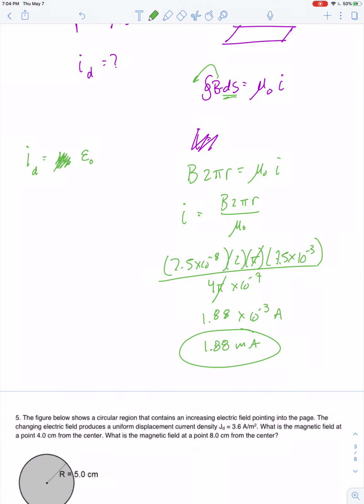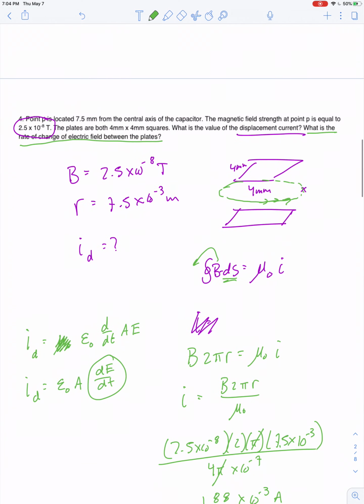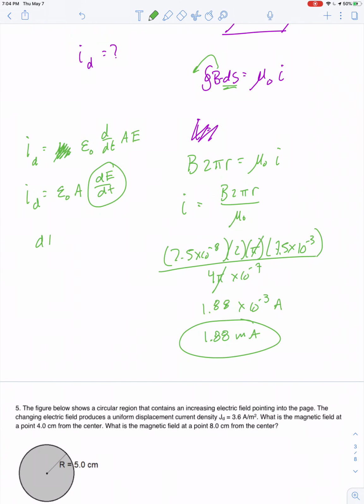So it's epsilon naught times d/dt of the product of A and E, or displacement current is epsilon naught times area times dE/dt, and that's what this question is asking for. What's the rate of change of electric field? So dE/dt is equal to the displacement current divided by epsilon naught and area.